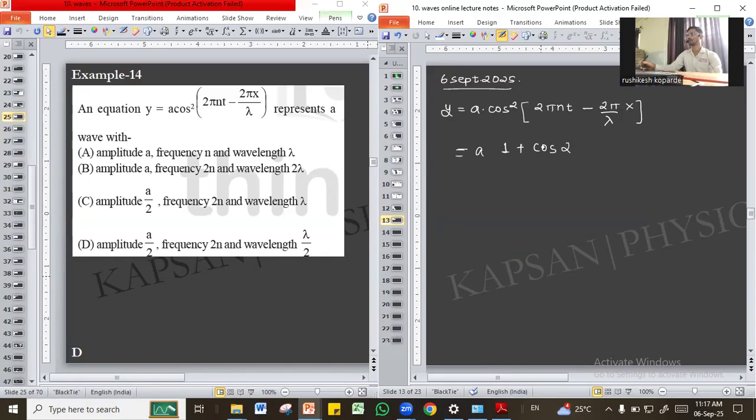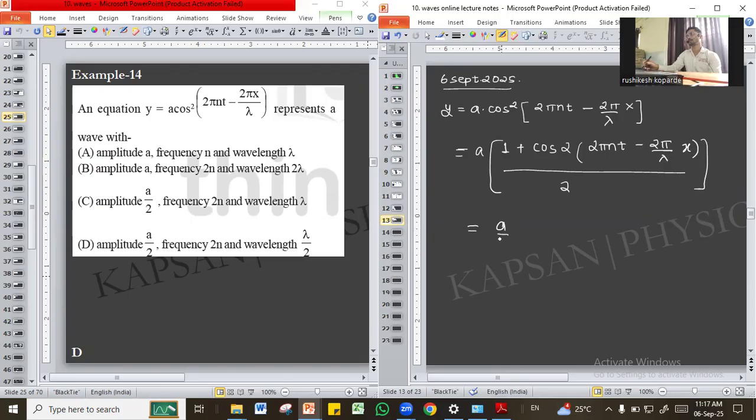This is cos square theta: 1 plus cos 2 theta, where 2 theta means 2 in the bracket, whole divided by 2. This is the replacement of cos square theta.